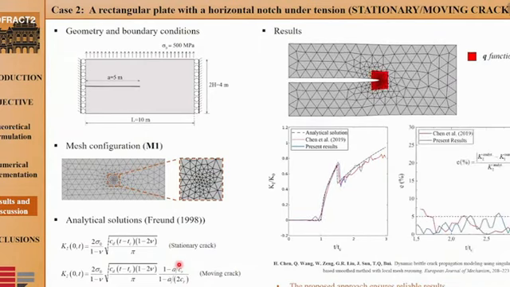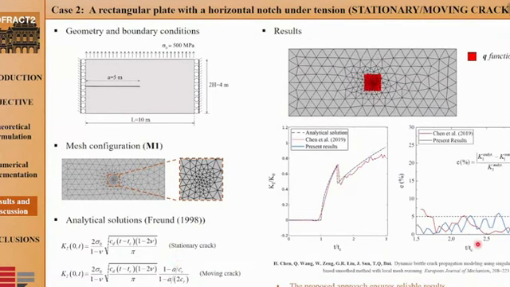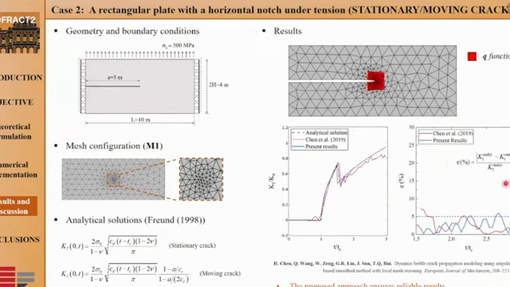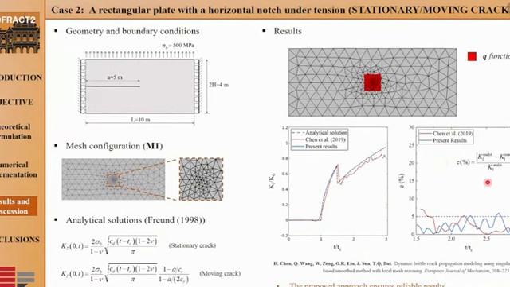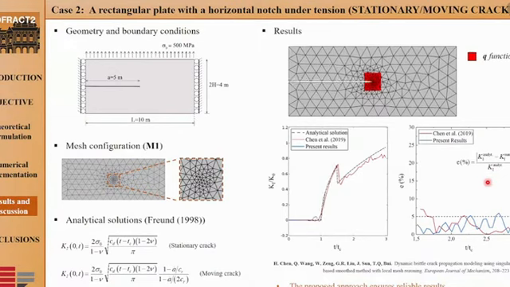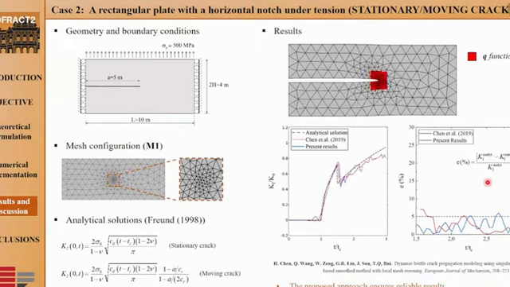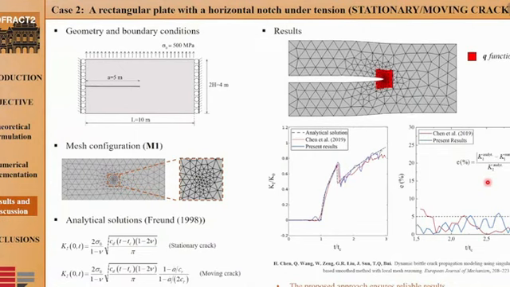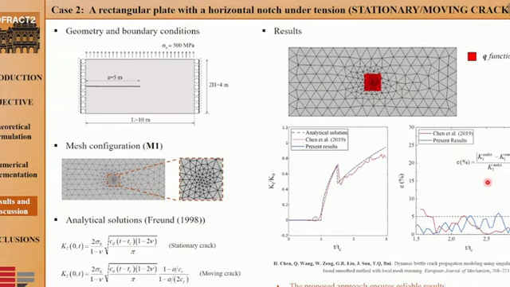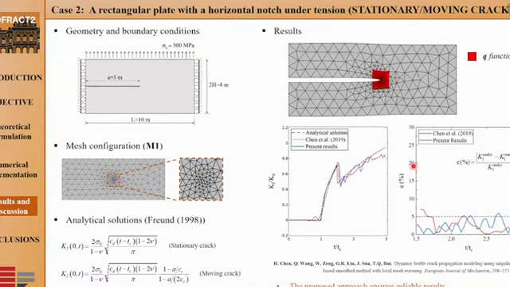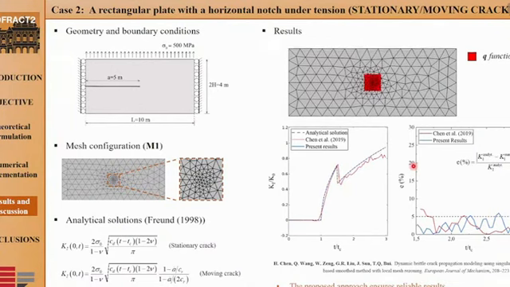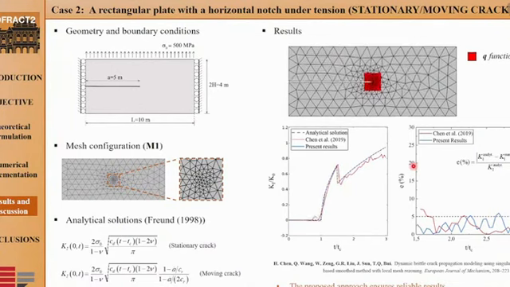Finally, in this graph is reported the percentage error between the numerical prediction and the analytical solution, calculated by this formula. These results highlight that the proposed approach evaluates K1 rather correctly during the mesh motion because the percent variation is less than 50%, confirming the effectiveness of the proposed strategy based on the interaction integral in the context of the ALE formulation.